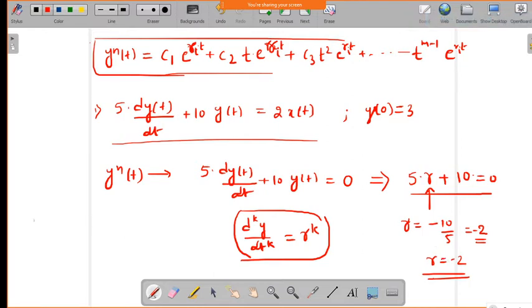The natural response of the system is, since only one root exists, c1 into e power r1 t. Here r1 is the root of this equation that we found, so we can take this as rt.